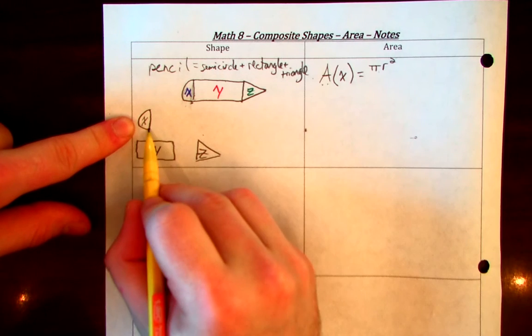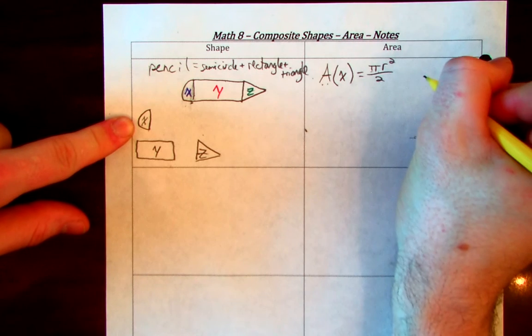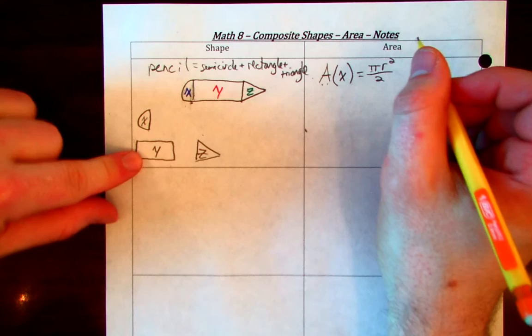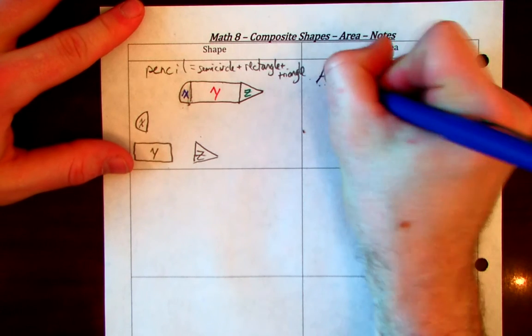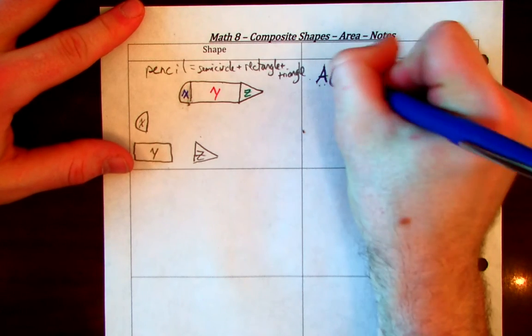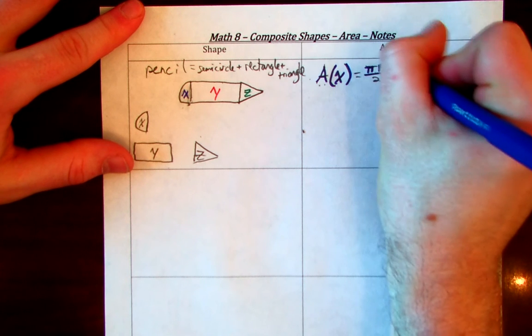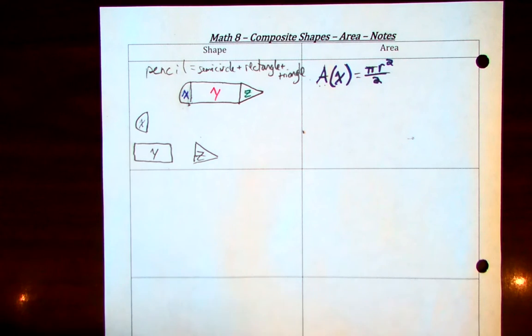And since we only have half of a circle, we're going to have to divide that by 2. So we have the area of our semicircle, pi r squared, and since it's a semicircle, we divide it by 2.